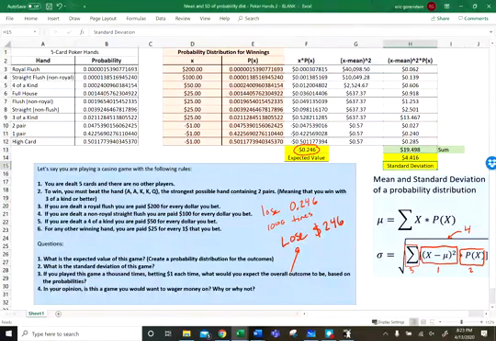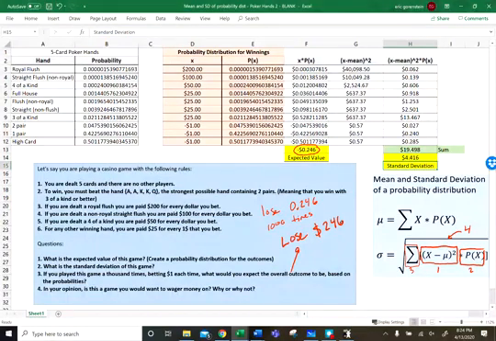Probably not. This is a pretty bad expected value. Even the worst casino games, the expected value is only like a negative 5 cents, negative 6 cents, something like that. So almost a negative 25 cents per dollar. From a probabilistic standpoint, that is a very, very bad game to play.